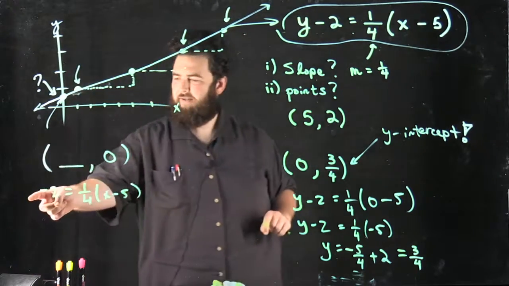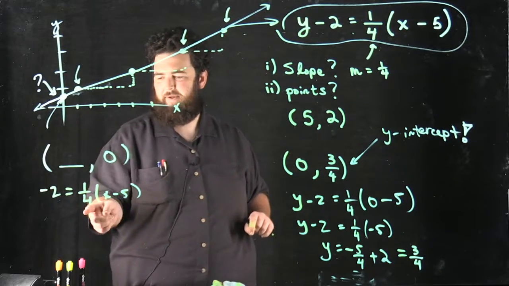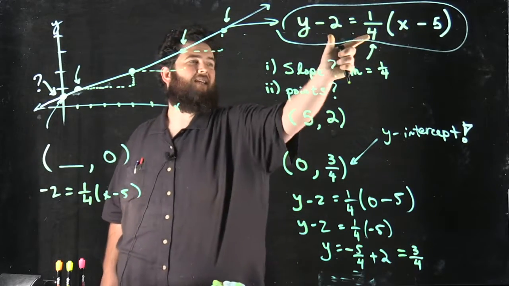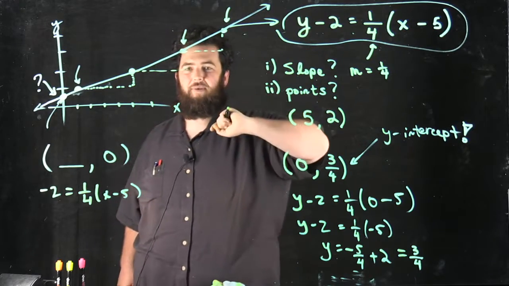This is just 0 minus 2 equals 1/4 times x minus 5. What I've done is take the equation of the line and plugged in 0 for y.